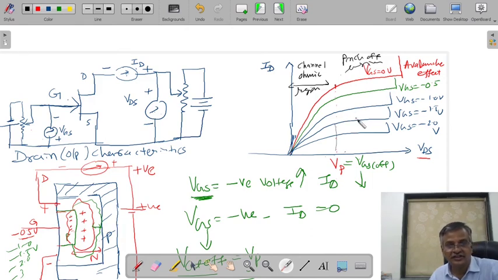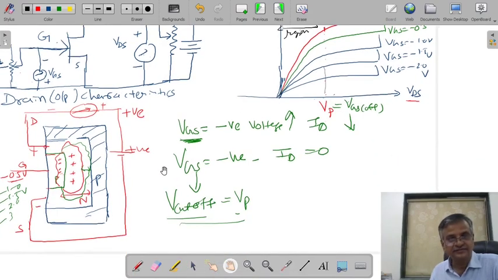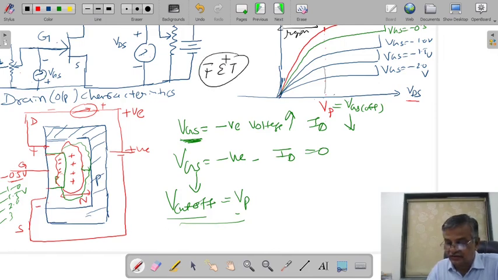So, in this lecture, we have seen why your drain current reduces as you increase the negative voltage. Remember, most important for viva voce. Why is the FET known as a field effect transistor? I use the word field effect.